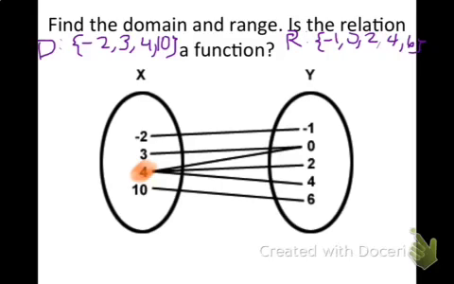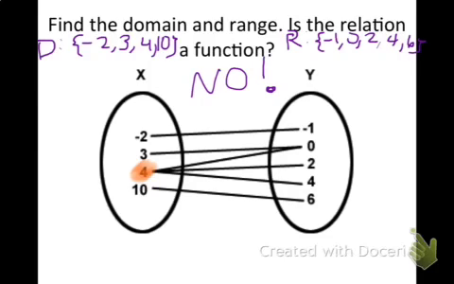The y's can connect to however many x's they want to, but the x's cannot connect to however many y's they want. So because you have one x value that has several relationships, this is not a function.